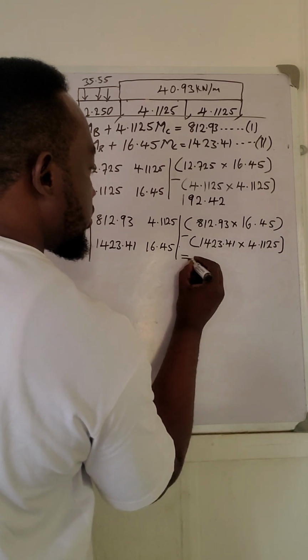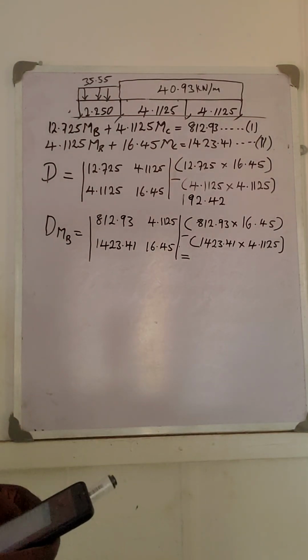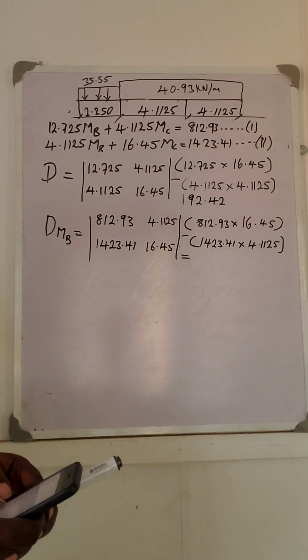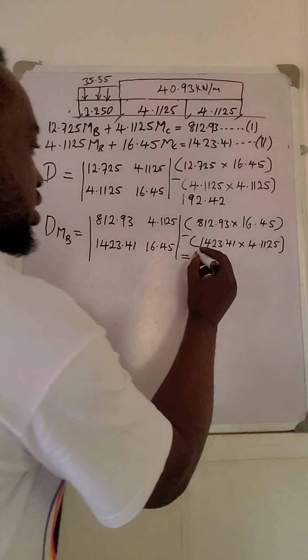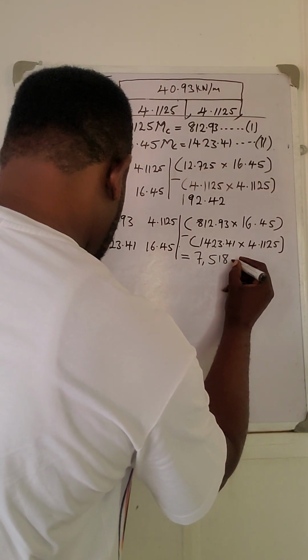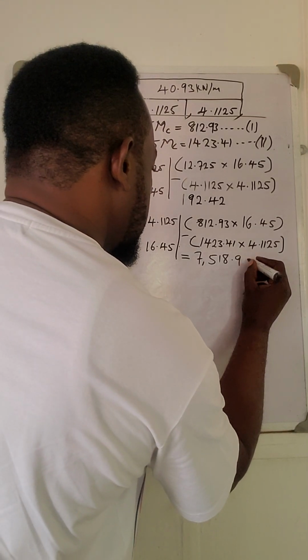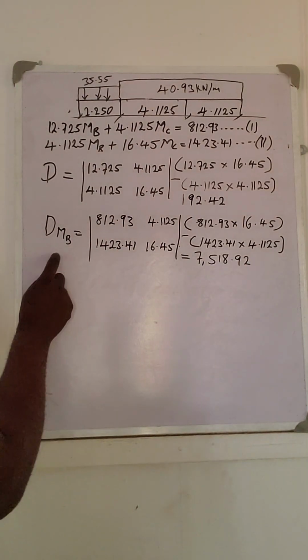When you compute that, we are going to have 7,518.92. That is for dMB.